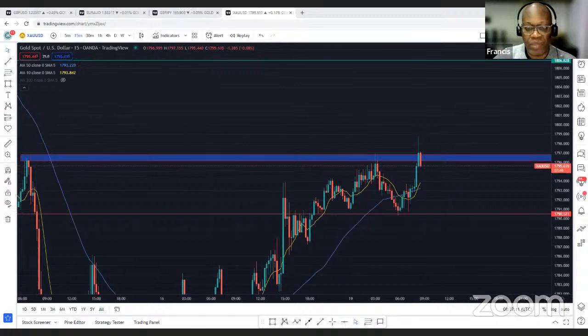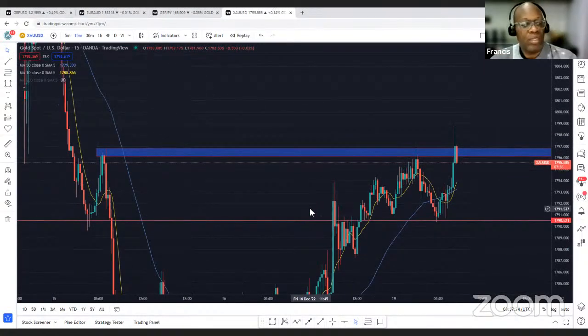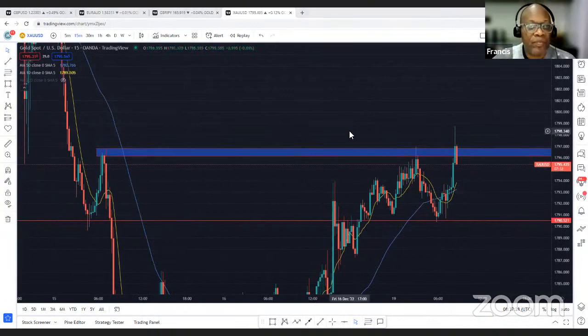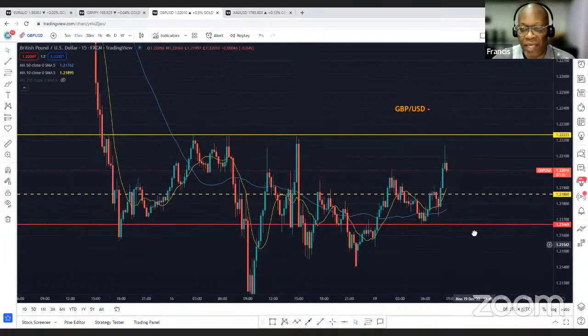It's a similar thing with pound USD. Pound USD tends to move the same way as gold, although sometimes you might have some variations. Let's just check this. So you can see exactly what's happening here.